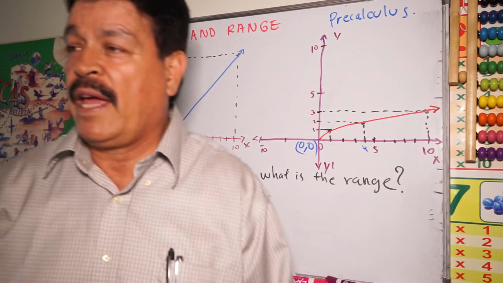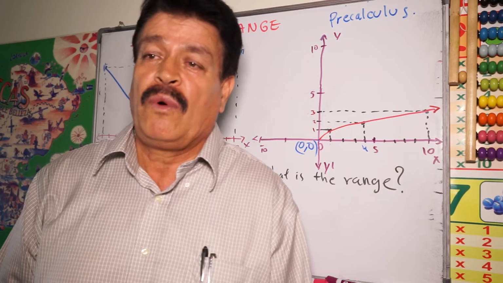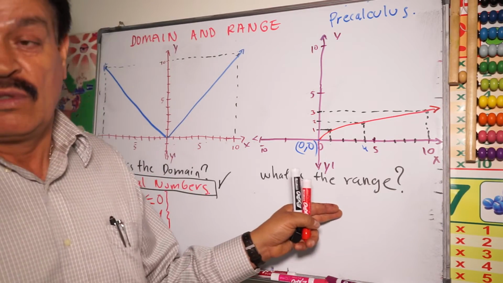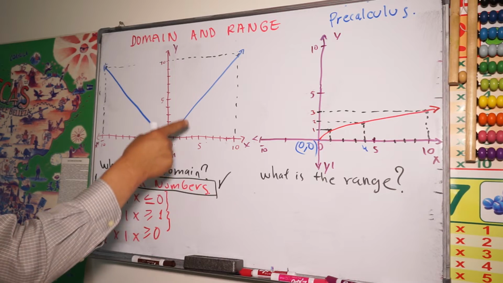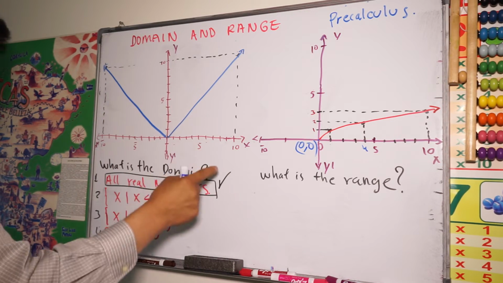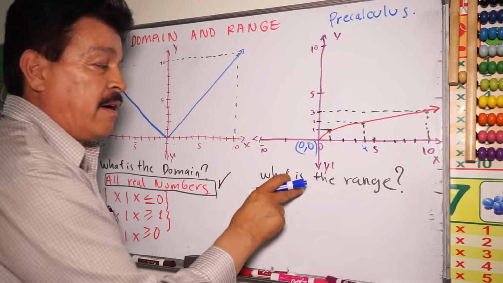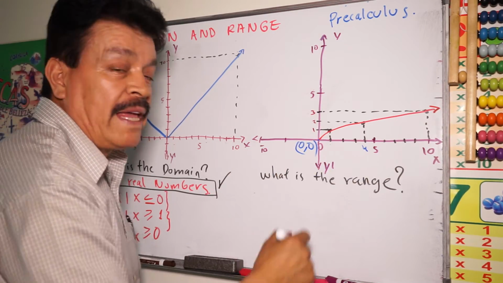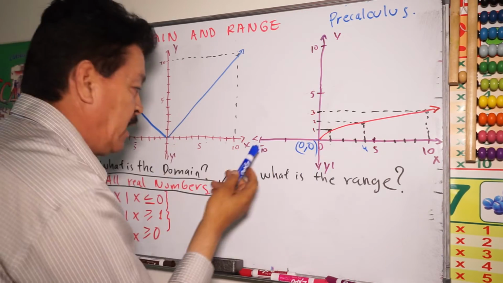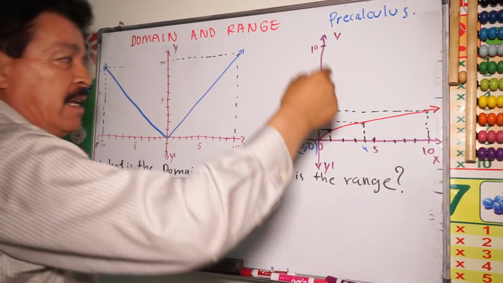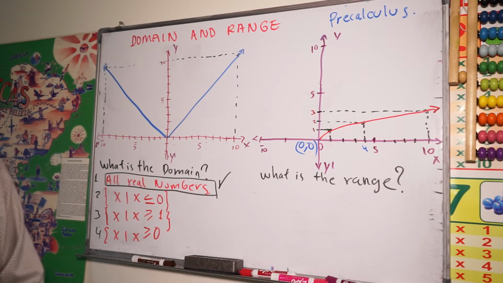The range of a function is the set of all possible y values. The domain is the set of all possible x values, and the range is all possible y values. So we are talking about the y values.